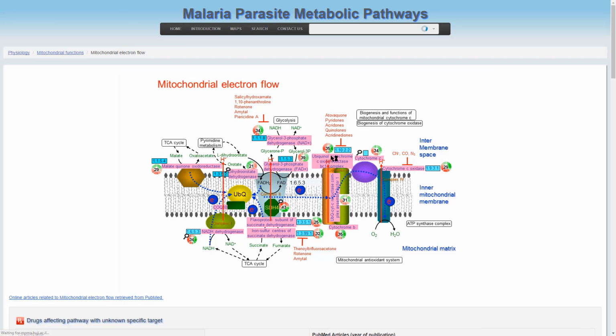And then we look at the mitochondrial electron flow in which cytochrome c is participating, and you see all the path of electrons going from the different components and reaching eventually the cytochrome c oxidase. Although this electron flow is not producing ATP by oxidative phosphorylation, it is very important to preserve the transmembrane proton gradient and electrical potential.